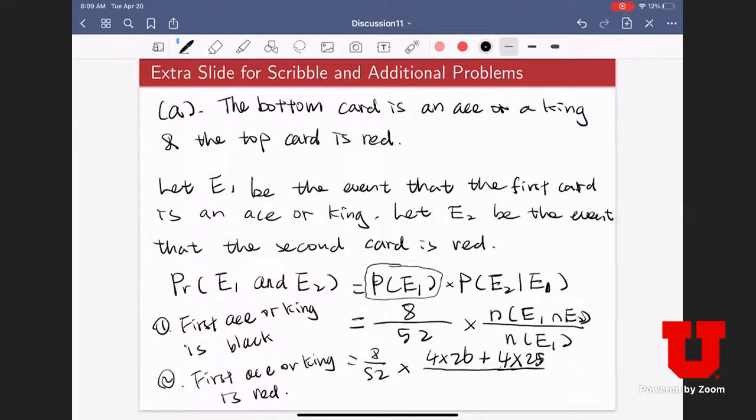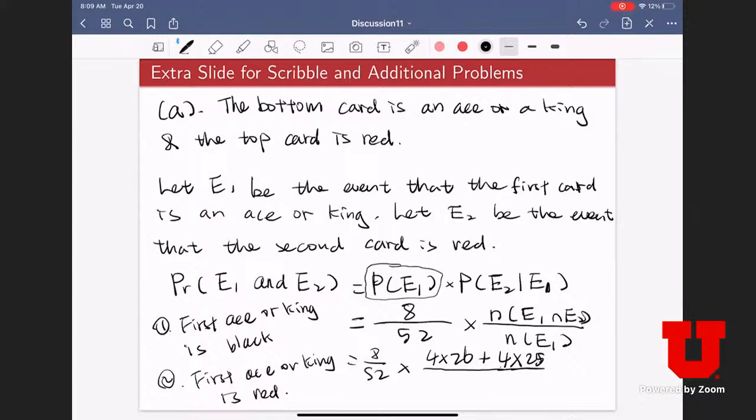Or sorry, let me see. So the number of possibilities of E1, when you actually want to draw 2 cards, it should be your event E1 times whichever the possibilities left.